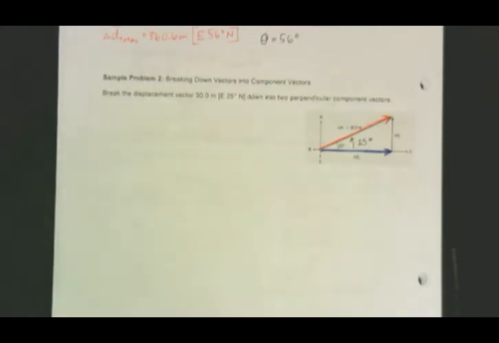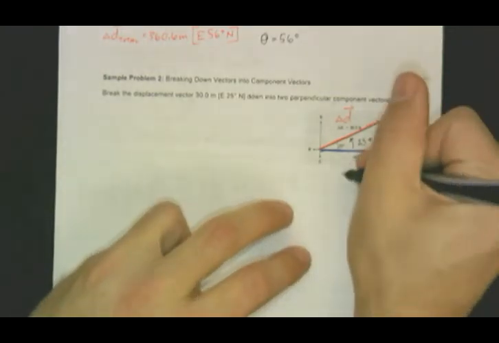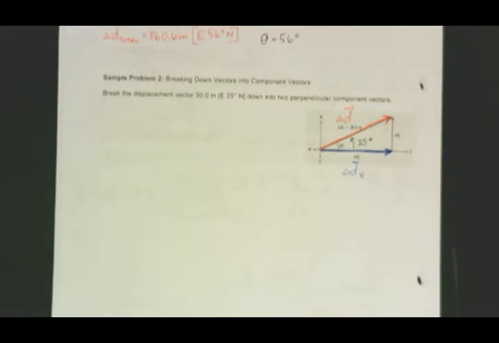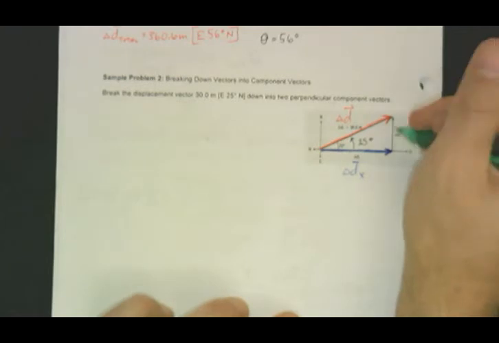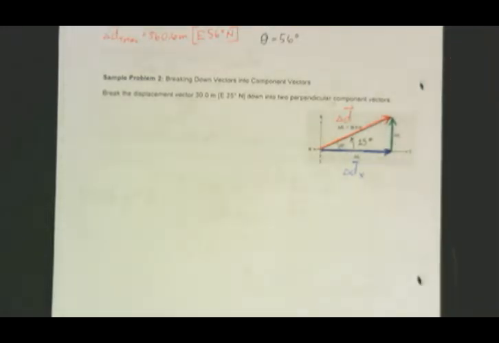If we call the original delta D, then this horizontal component will be delta dx. The vertical component of this vector is this line that I'm tracing in green. This vertical component I'm going to call delta dy.